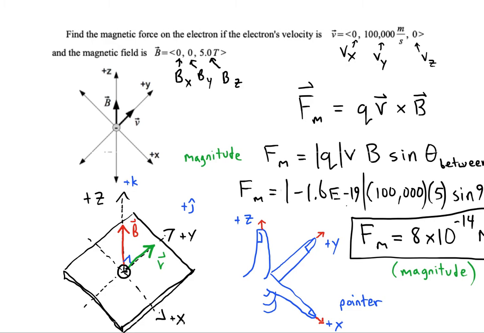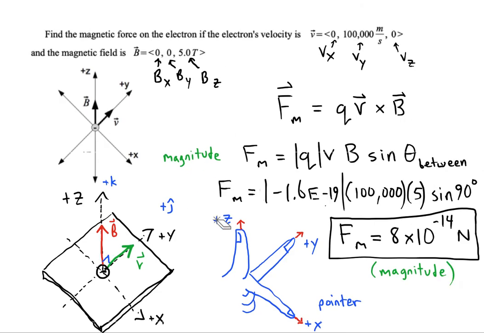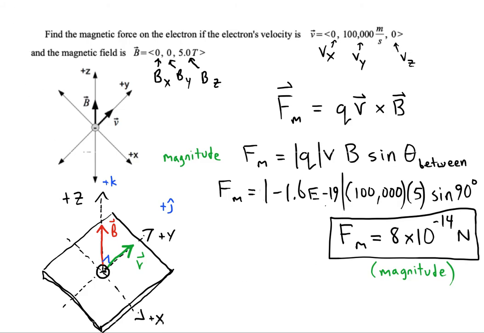All right, so let me show that here. I'm going to get rid of this. And since we're using an electron, let's use the left-hand rule to find the direction. The left-hand rule is going to look just like the right-hand rule.